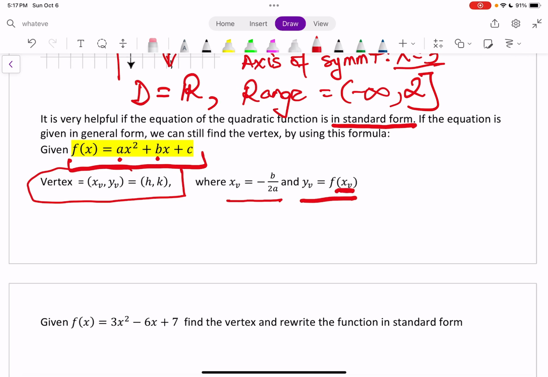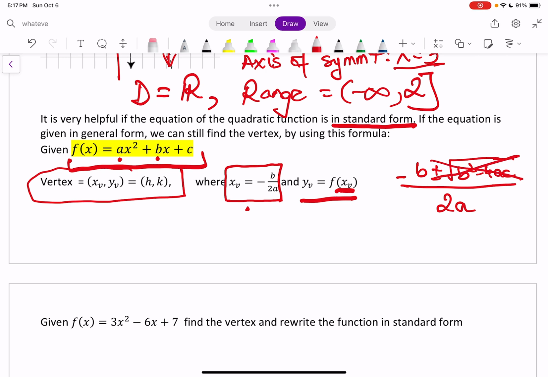Okay, so we'll practice in a minute. I do want to show you that the x-coordinate of the vertex is really just, if you remember the quadratic formula, negative b plus or minus the square root of b squared minus 4ac, divided by 2a. So the x-coordinate of the vertex is this piece of the quadratic formula where you don't see the radical in it.